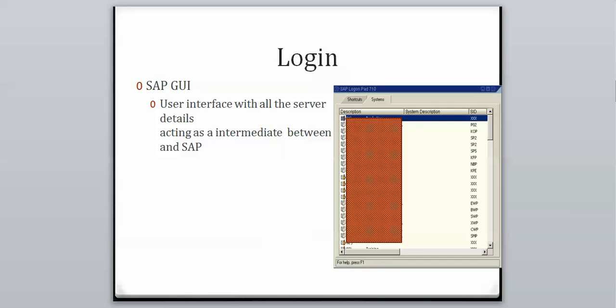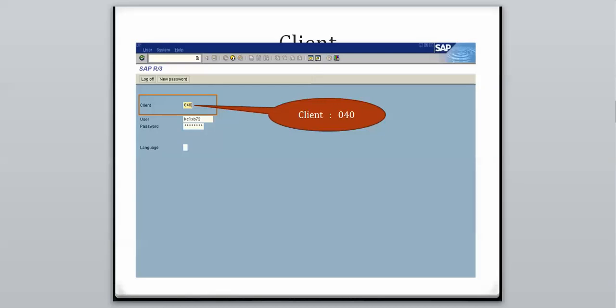SAP actually gives us this SAP Logon Pad. I have hidden these application details, and each and every row you see here is a server. Every time you want to access SAP system, this is the GUI, and you can click on any one of them, and once you click on them, you need to give the username and password.